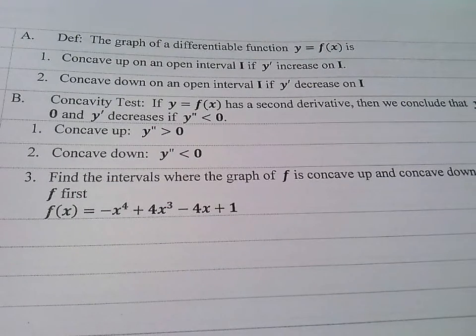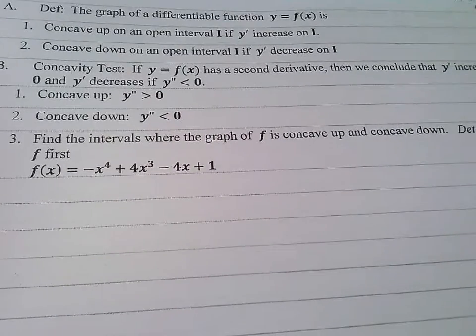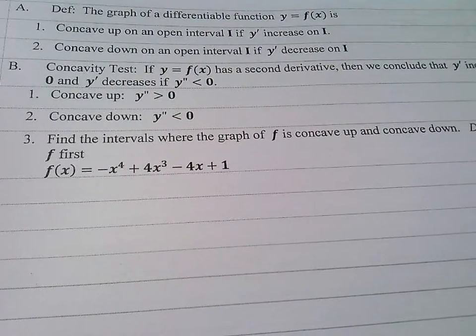So we're going to find the intervals where the graph of f is concave up and concave down. Determine the domain of f first. This function has no denominators and no radicals. Or I should be specific and say no even root radicals, because odd root radicals are negative infinity to positive infinity. So your domain is going to be negative infinity to positive infinity.